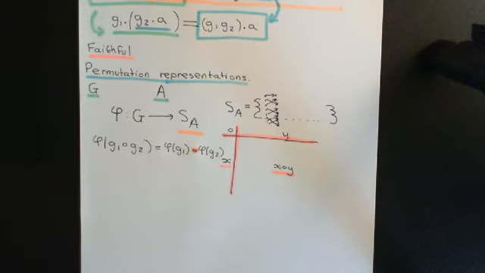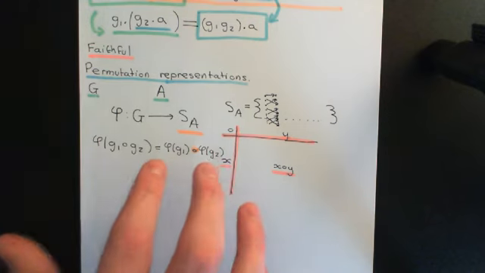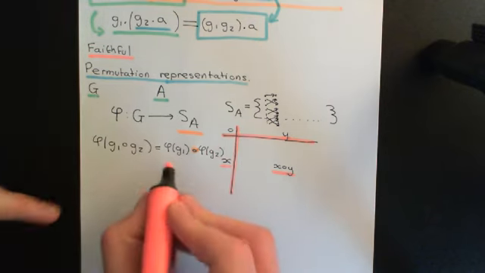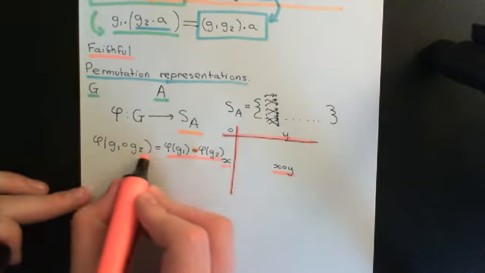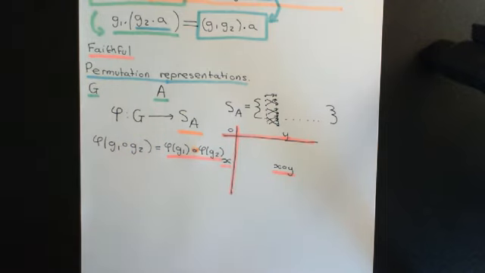Again, this says that the composition of the set permutations, which is on this side, is consistent with the composition in the group, which is over here.